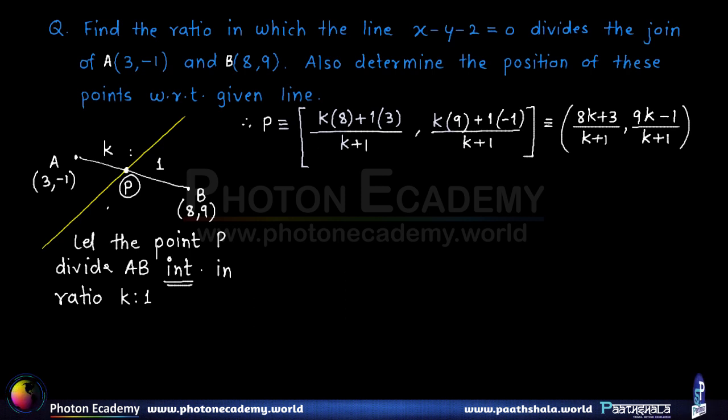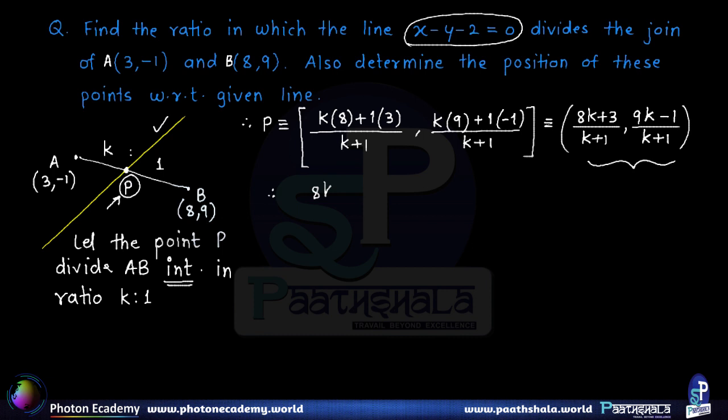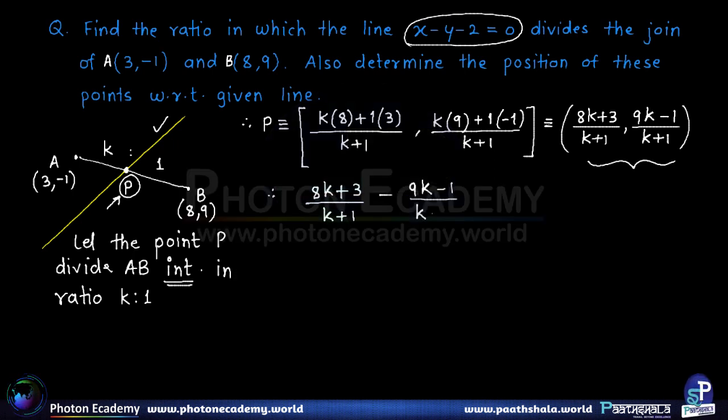So here we observe that the point P lies on the line given. That means the coordinates of point P must satisfy the equation of the line. So therefore, putting those coordinates, in place of x we write (8k plus 3) upon (k plus 1), minus (9k minus 1) upon (k plus 1), minus 2 is equal to 0.